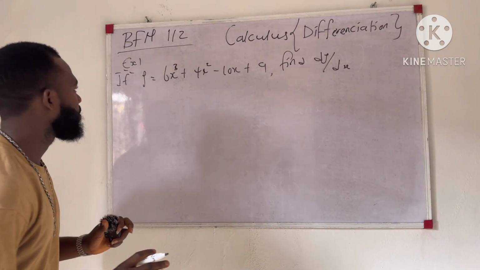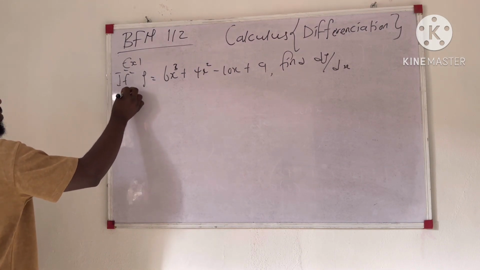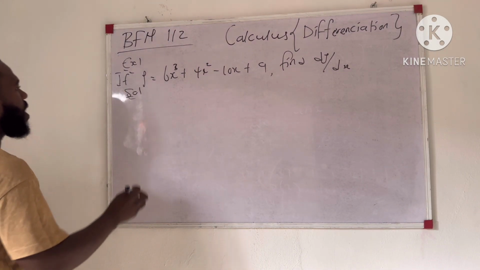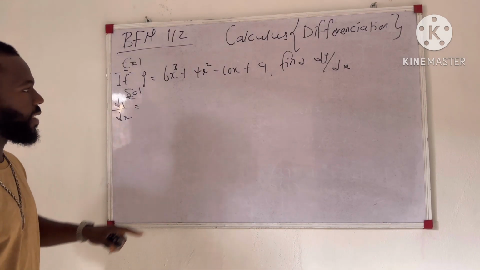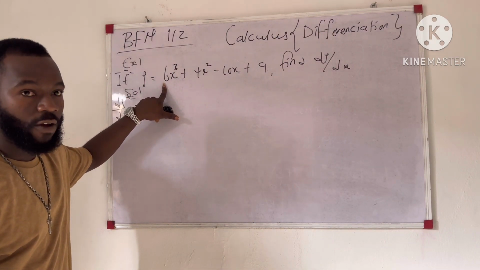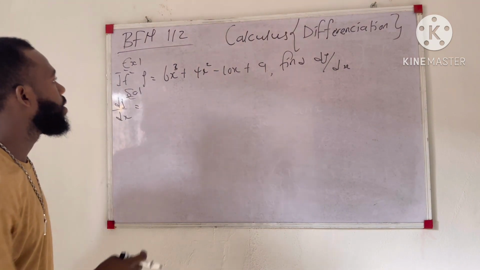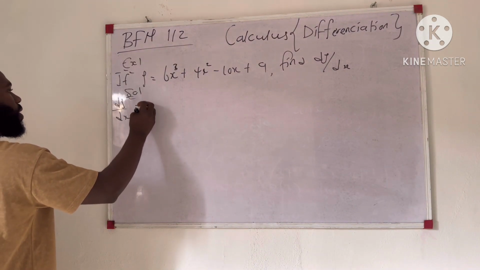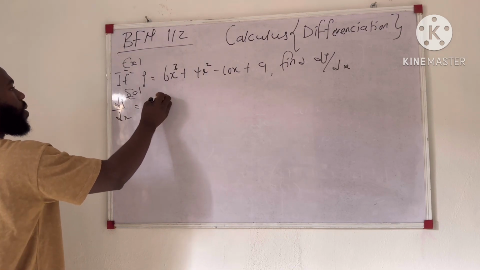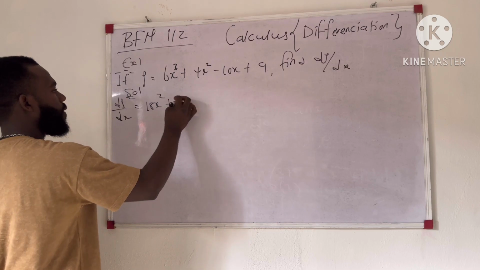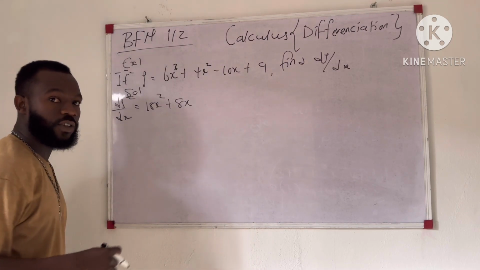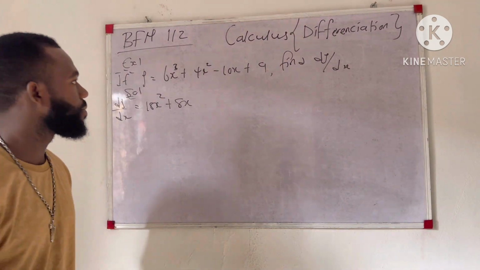It's very simple. This is what we do. dy over dx becomes, like I said, the power multiplies the coefficients, then you subtract 1 from the power. So 3 times 6 gives us 18, and 3 minus 1 gives us 2, so we are done with that. Plus 2 times 4 gives us 8, and 2 minus 1 gives us 1. There is no need to include the 1.